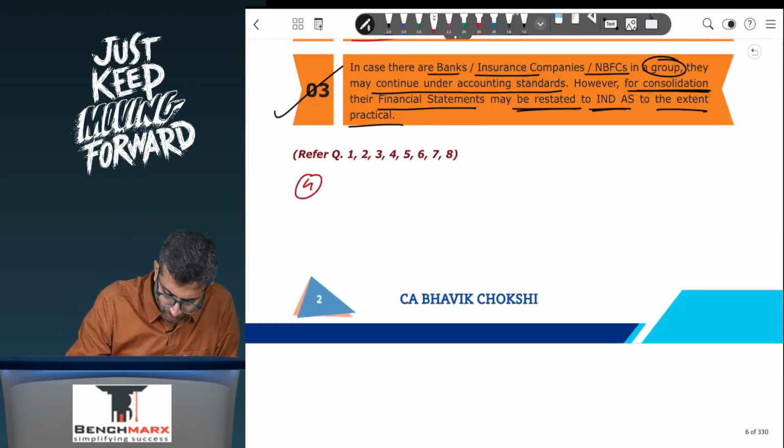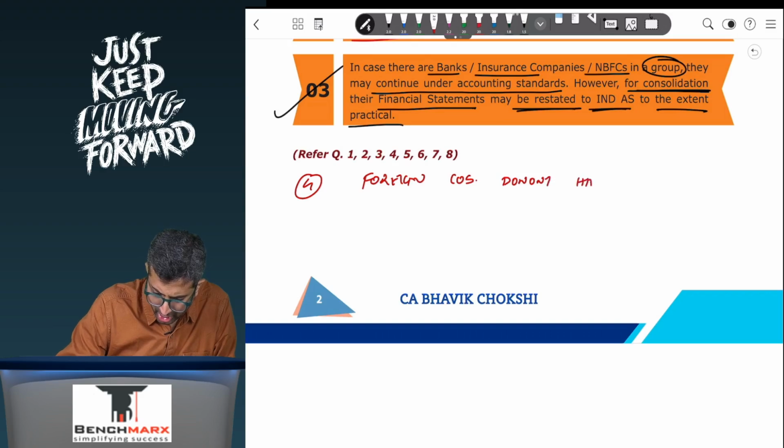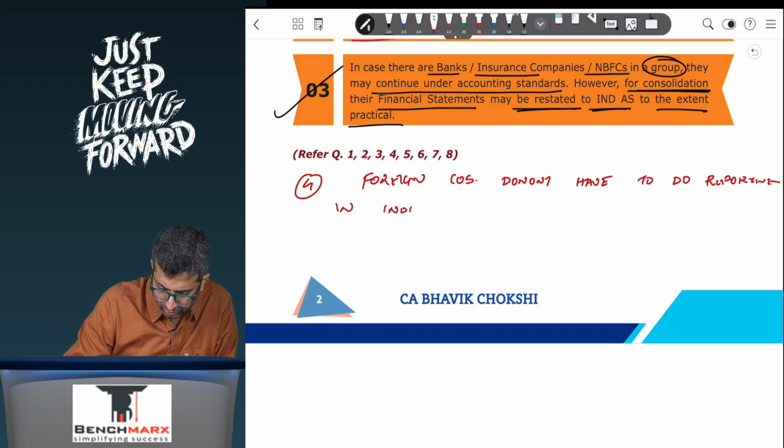Point 4, if you don't have the notes, you can write it somewhere for the timing. Foreign companies do not have to do reporting in India and hence Ind AS is not applicable.